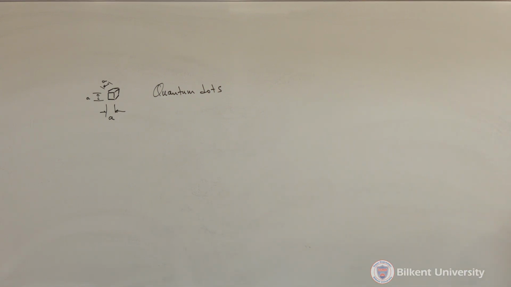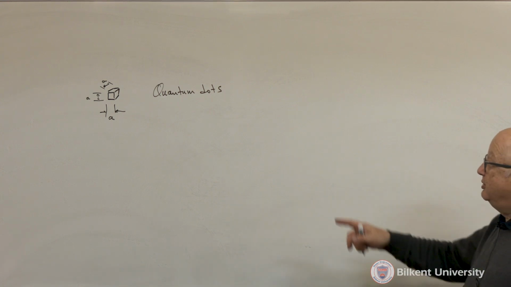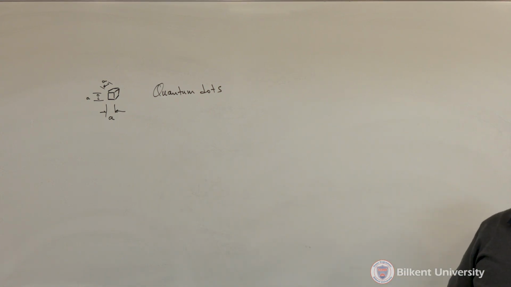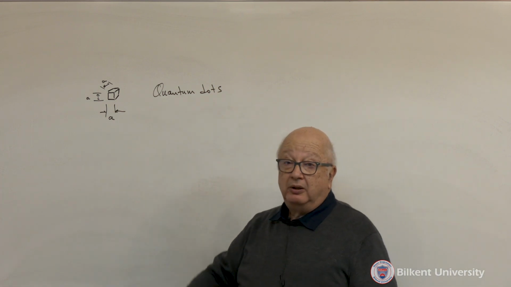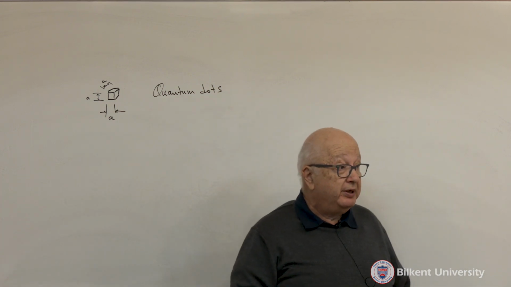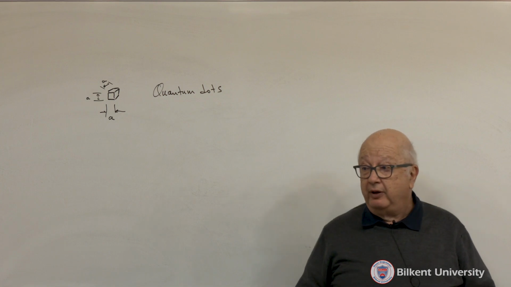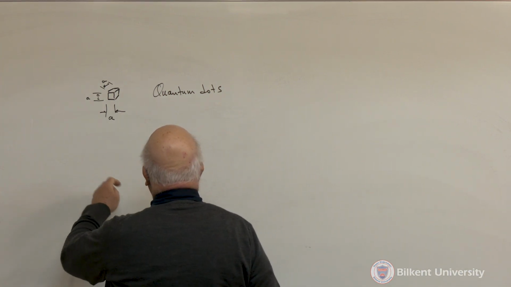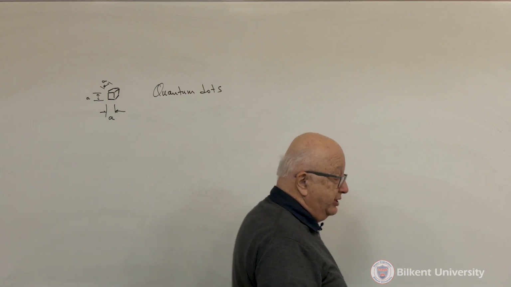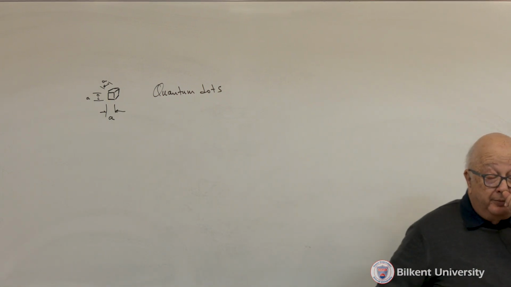We looked at 1, 2, and 3-dimensional. So this is actually 3-dimensional, but since it is small in all directions, we call it a dot. And these things are very interesting because now you have all kinds of applications that come out of these things.